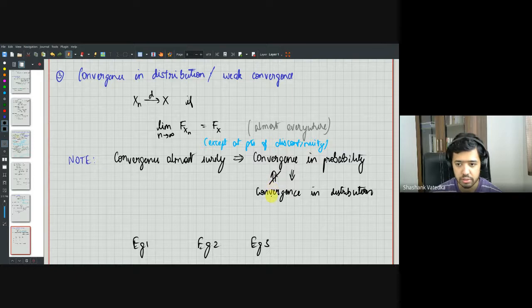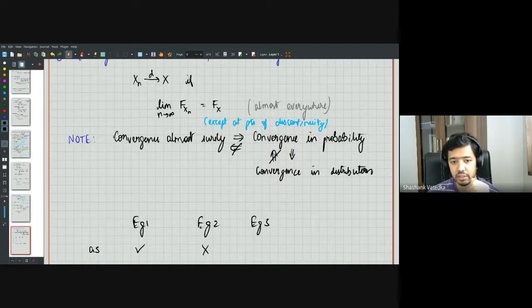Just work out these examples and you will see for yourself. There are sequences which converge in distribution but do not converge in probability. And of course, there are sequences which converge in probability but do not converge almost surely. So almost sure convergence is strictly stronger than convergence in probability, and convergence in probability is strictly stronger than convergence in distribution.